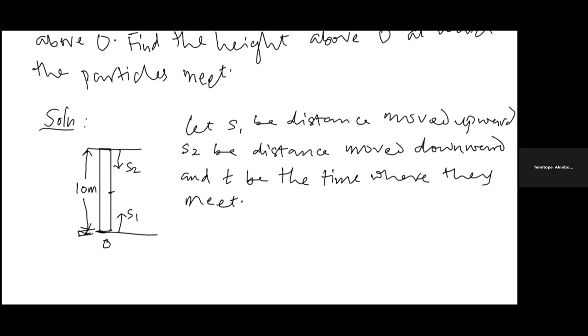So we started by introducing equations of motion. S equals UT plus half AT squared. So what are the parameters that we know?